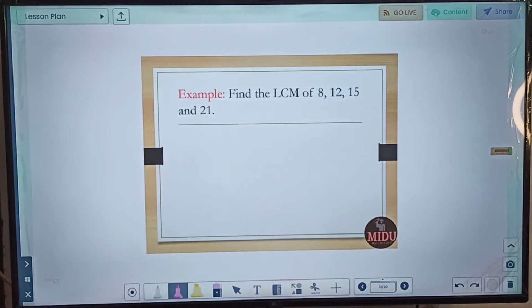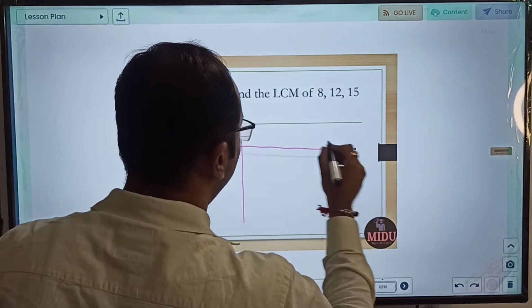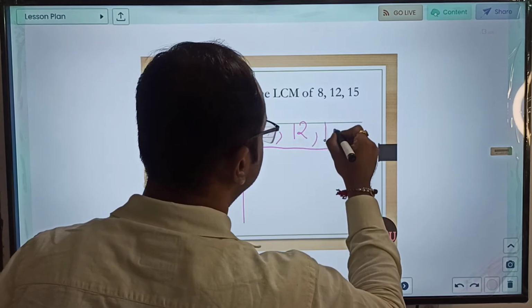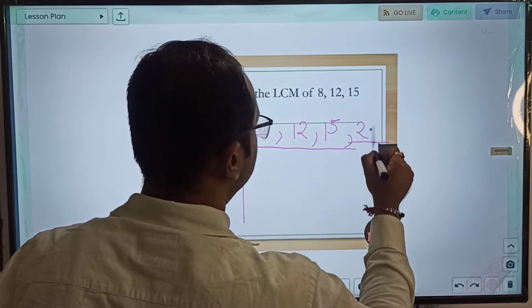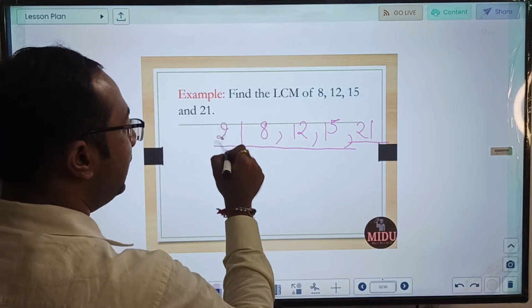Find the LCM of 8, 12, 15 and 21. How will we do this? First of all, make the columns as it was given. Now let us start the division. First, is there any divisibility by 2?